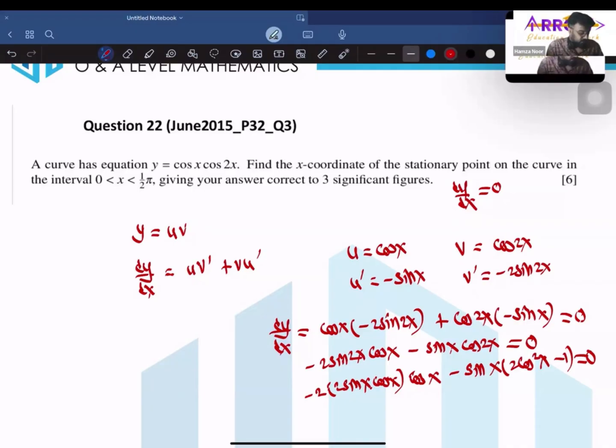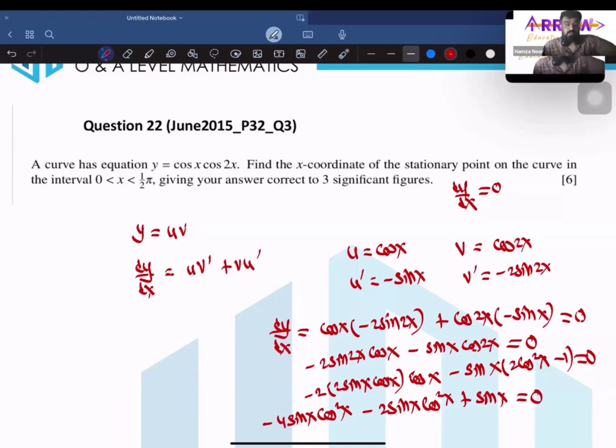So far what we have is minus 4 sin x multiplied by cos square x minus 2 sin x multiplied by cos square x plus sin x, and this whole thing is equal to 0.